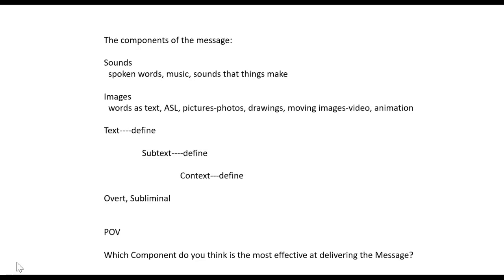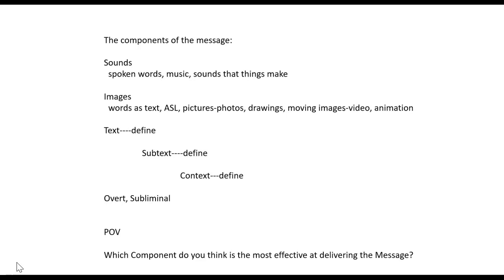In other words, what's really being said here that's underneath the words, based on how the words are used or positioned, or if they're spoken, what's the tone of voice of the speaker. That could give subtext. Context is somehow the situation of everything. It's where everything fits into the overall picture.